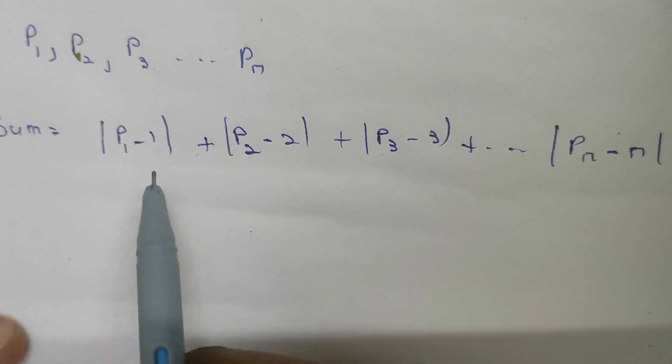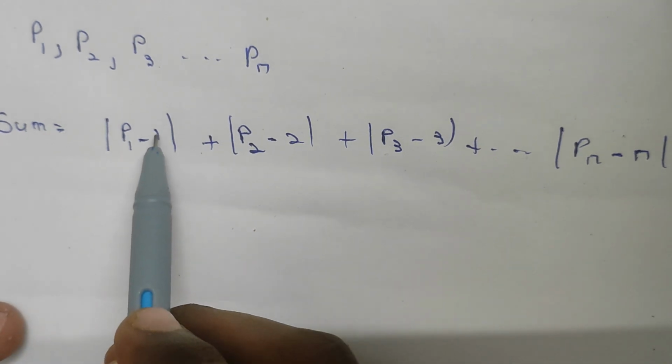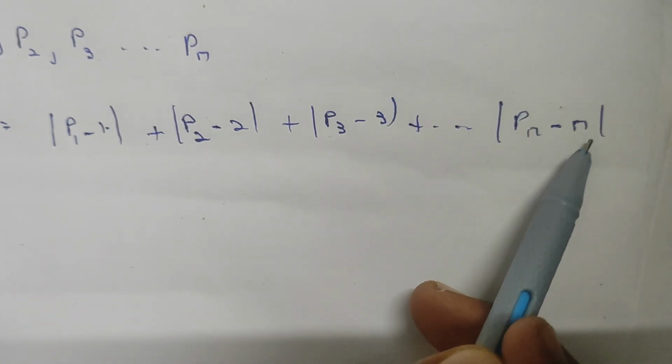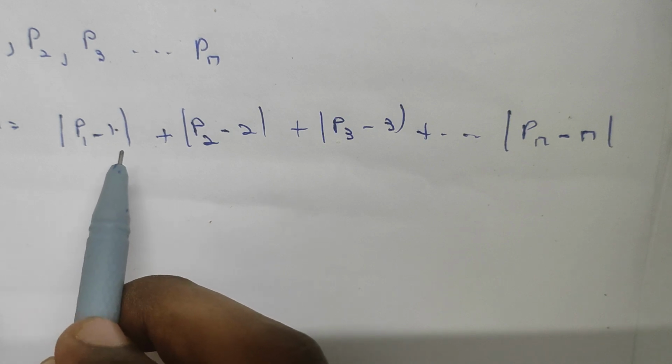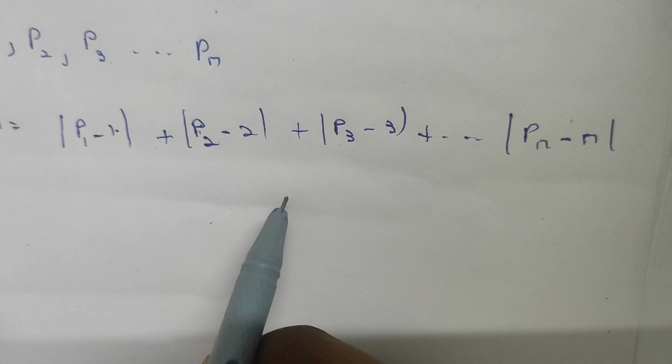For each permutation the values that we subtract will be fixed. So this 1, 2, 3, 4 till n will be fixed. The only values that will change are the permutation values P1, P2, P3.